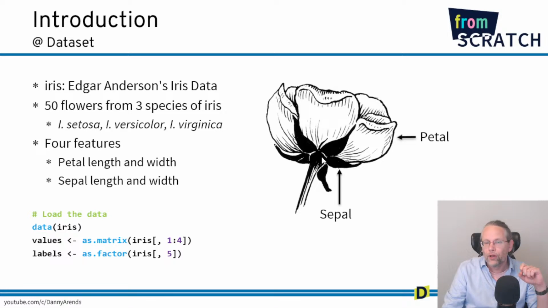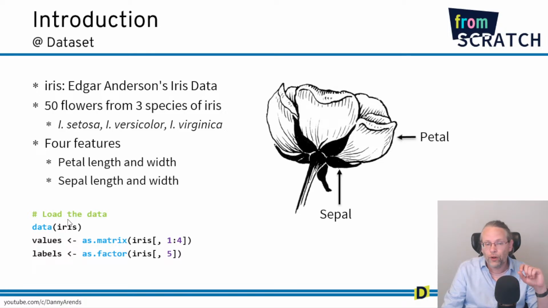And the sepal is where the stem transforms into the flower, and these are generally green leaves underneath the flower to more or less support the flower shape. So again, petal and sepal are relatively collinear with each other. And of course, the length and the width of the petal and the sepal are also collinear with each other a little bit, right? But in the end, it's just 150 flowers of 3 different species, and they measured 4 features. So that's the data set, very basically.